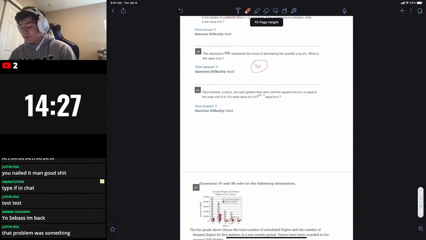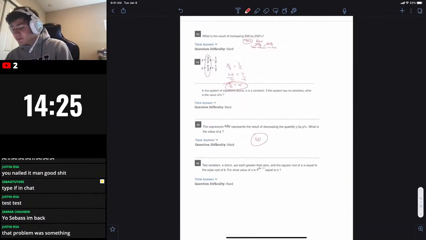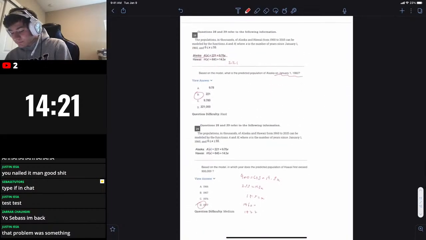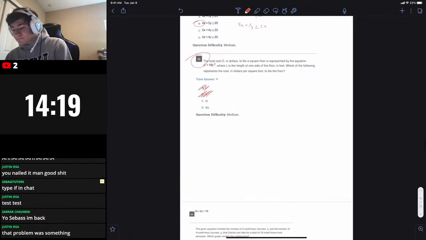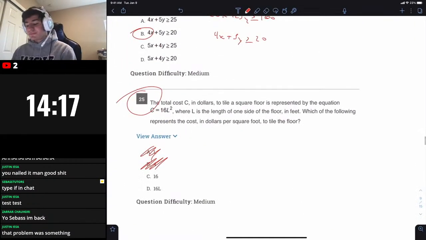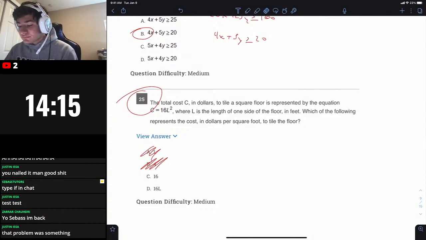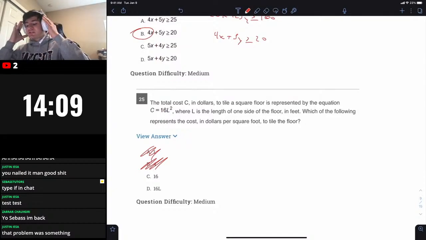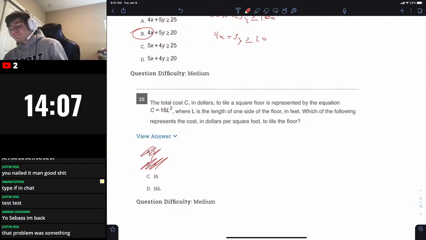The answer is 900. So we did all these problems, 5,000, 3/8, all this stuff. I'm just looking for the ones that I didn't do. Okay, this one. The total cost C in dollars to tile a square floor is represented by the equation C equals 16L squared. L is the length of one side of the floor. Okay, got it. Which of the following represents the cost in dollars per square foot to tile the floor?